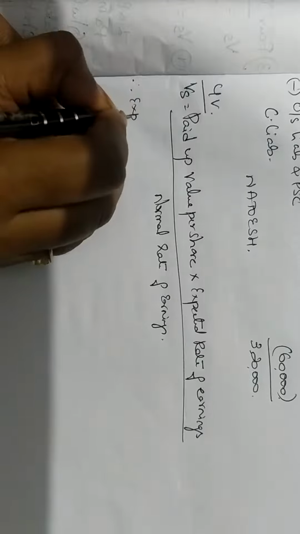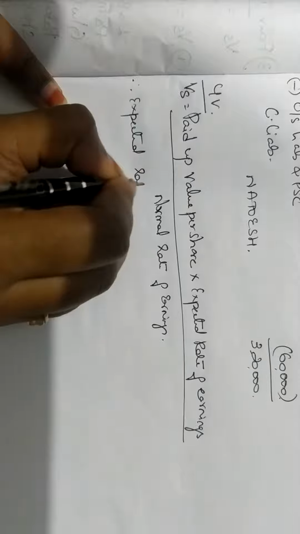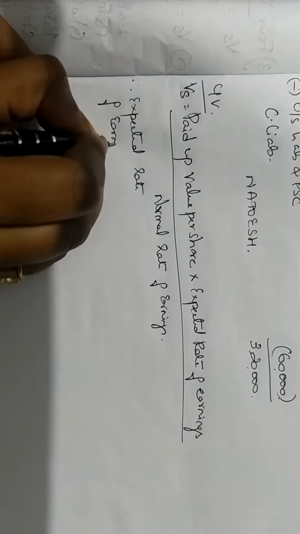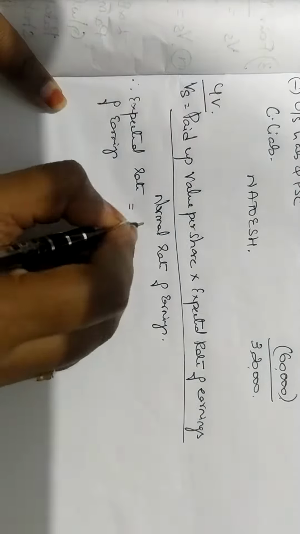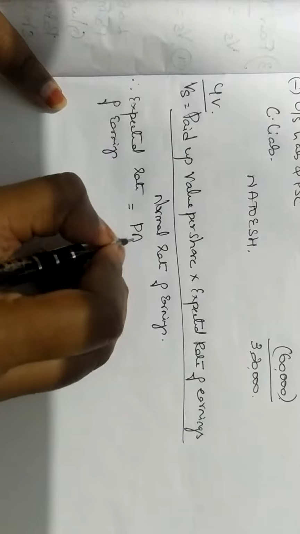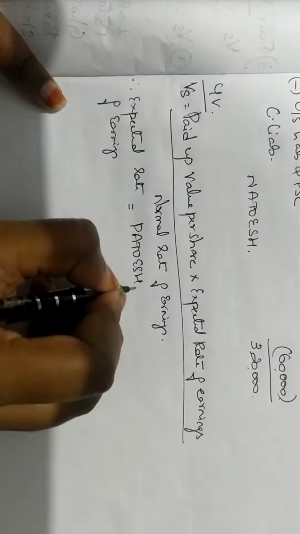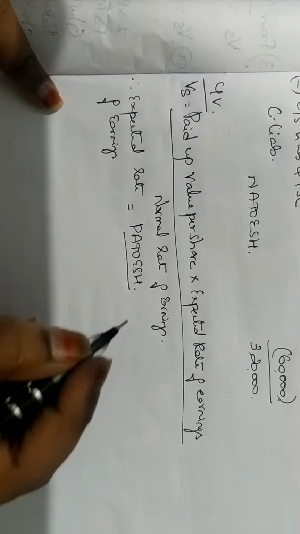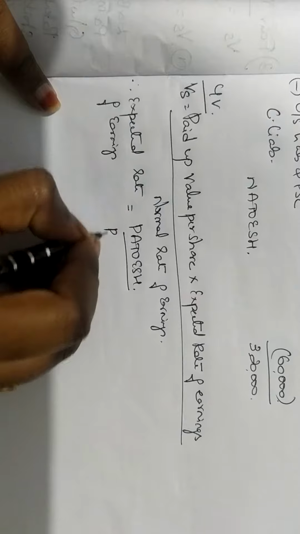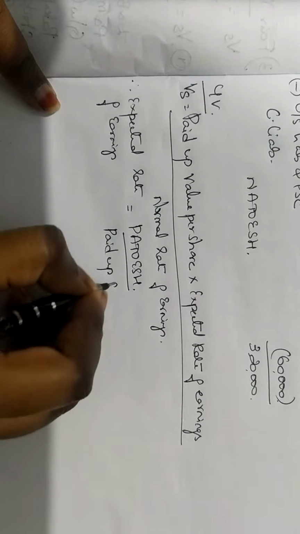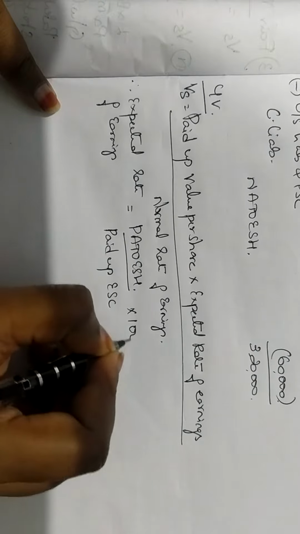Therefore, your expected rate of earnings is equal to profit available to equity shareholders, I am writing it in short form, divided by paid up equity share capital into 100.